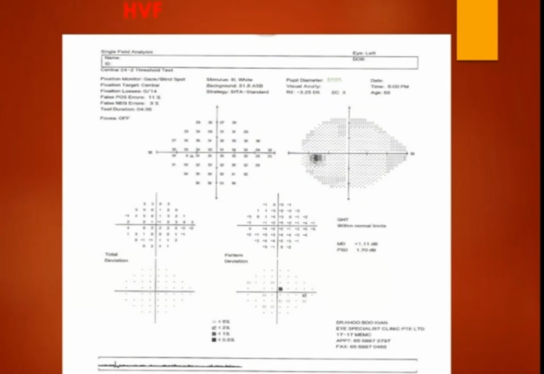So look at what the printout looks like. This is a Humphrey visual field. All those things I listed, we are going to take them one after the other. This is what the visual field printout looks like for that of Humphrey.